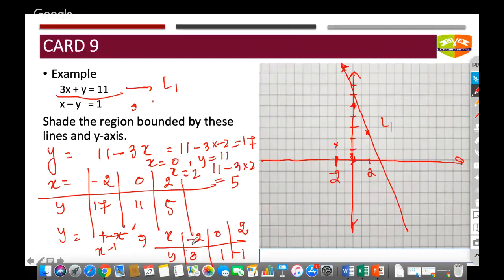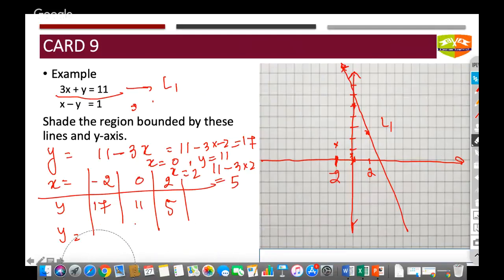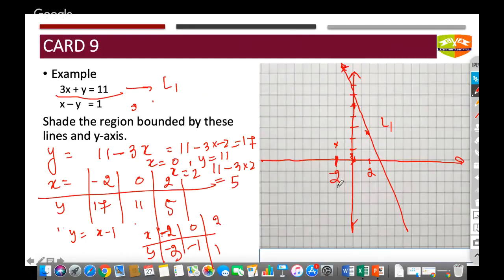So at x is equal to minus 2, this becomes minus 3, at x is equal to 0 this becomes minus 1, and at x is equal to 2 this becomes 1. So at minus 2, this is somewhere here, which is minus 3. At x is equal to 0, this is minus 1, and at x is equal to 2, this is 1. So the line goes something like this, and it intersects here.